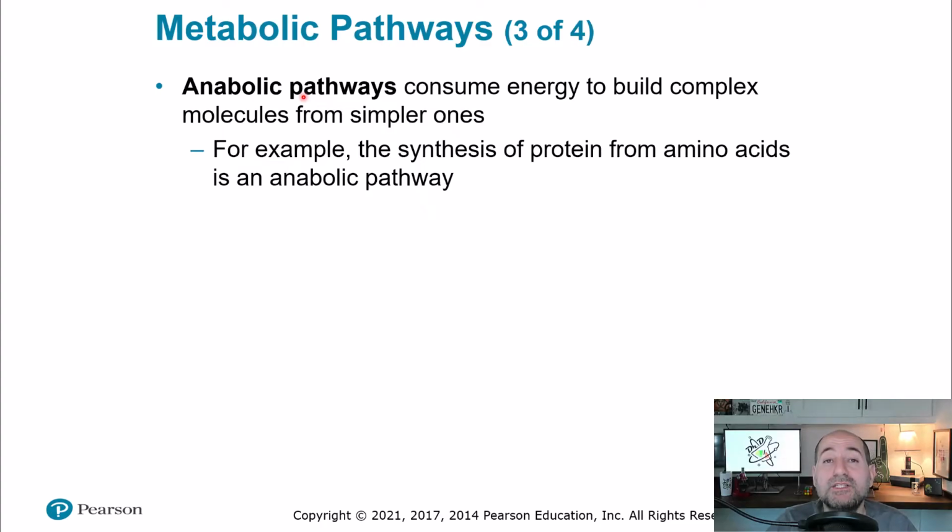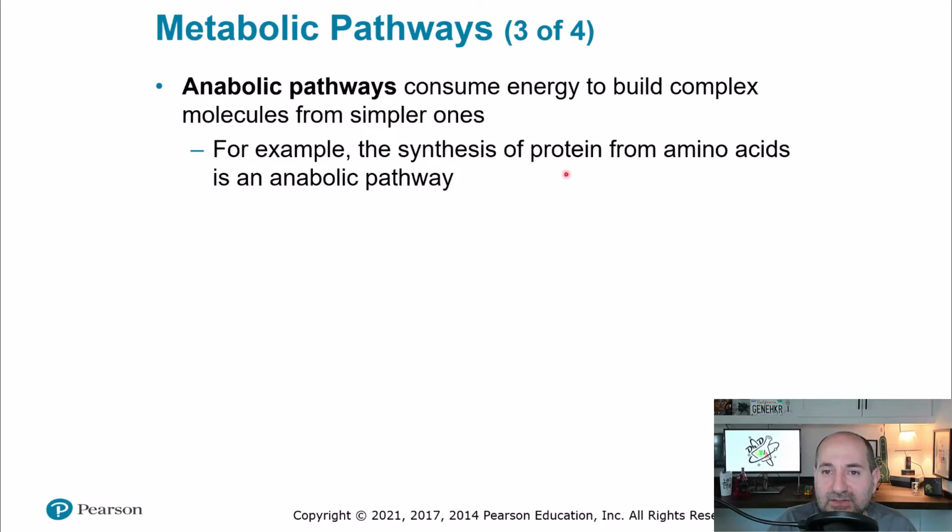Here, you're trying to build more complex molecules. So for example, when you link two monosaccharides together to make a disaccharide, or when you put amino acids together to build a protein, this is called anabolic metabolism or anabolic pathways. These consume energy, so they require energy to build complex molecules.